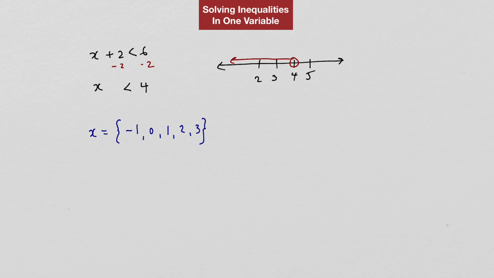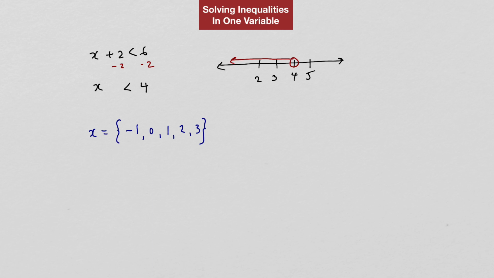What we mean by that is, this solution set has x values of -1, 0, 1, 2, 3, and does it fit within this inequality of x is less than 4? Let's take a look. 3 is less than 4, so that's true. 2 is less than 4, that's true. 1 is less than 4, that's true. 0 is less than 4, and that is also true. And -1 is less than 4, that is also true. So this is a valid solution set.